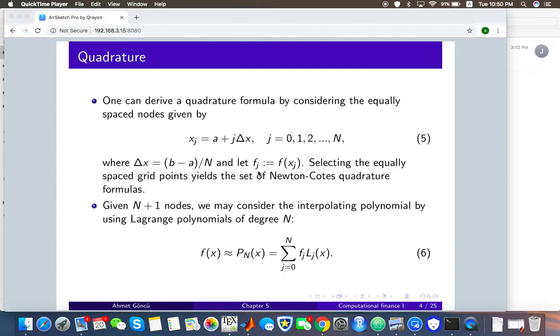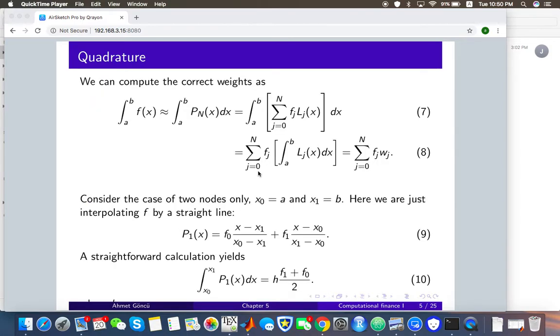So we can see that if we consider some polynomial approximation, this f of x can be approximated by an nth order polynomial, and therefore we can write these lj's. So these are the so-called Lagrange polynomials of degree n. And in the next slide we can see that there's a dx missing here.